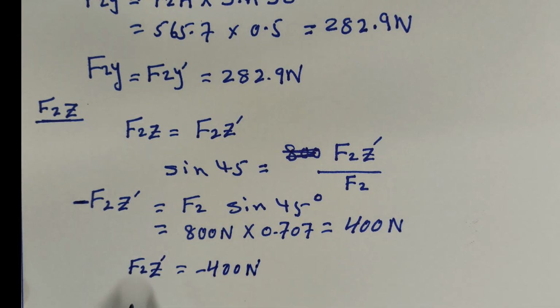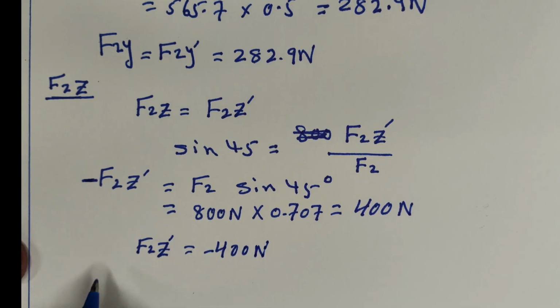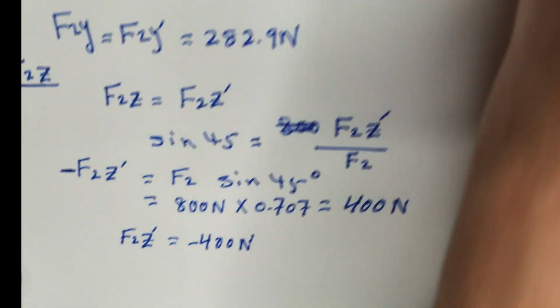Now we found all the components of F2, expressing it in the Cartesian form.